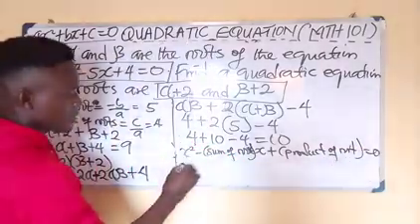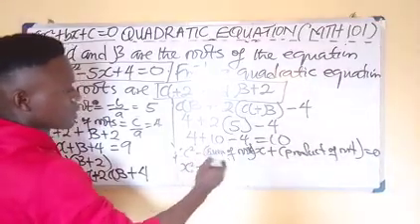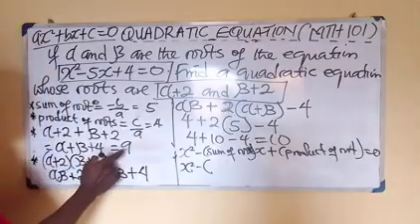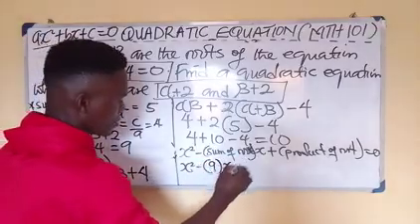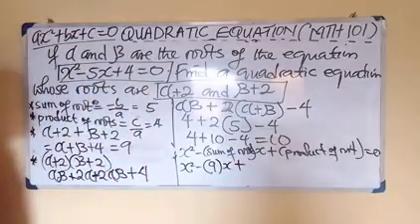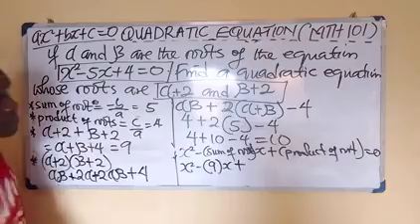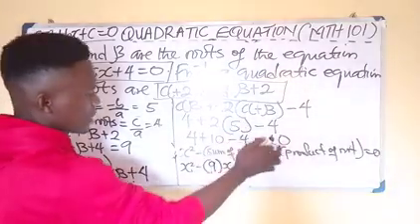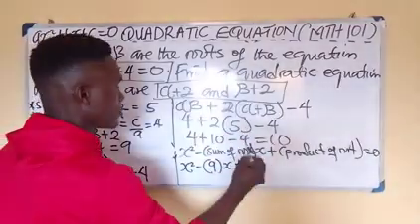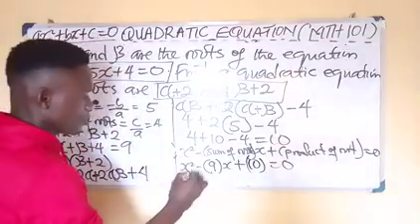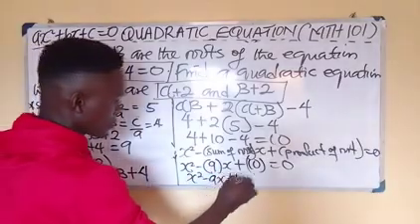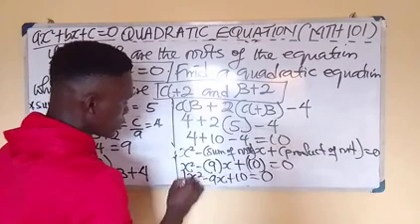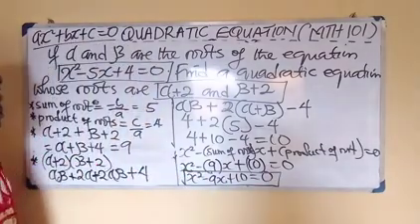What is the next step? It becomes x squared minus the sum of roots. We got what? 9. Then x, then plus the product of roots, we got 10. So 10 equals 0. It becomes x squared minus 9x plus 10 all equal to 0. So this is the new quadratic equation.